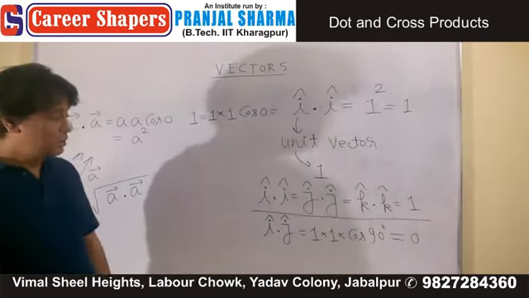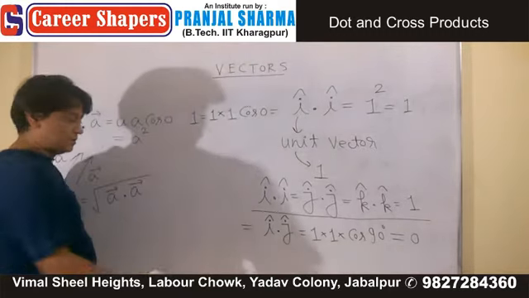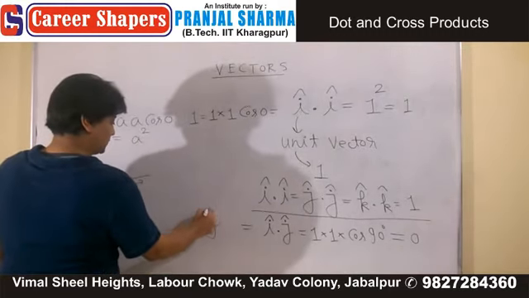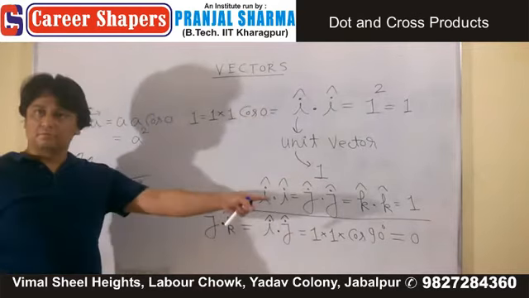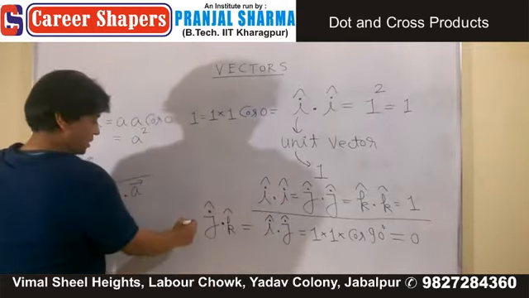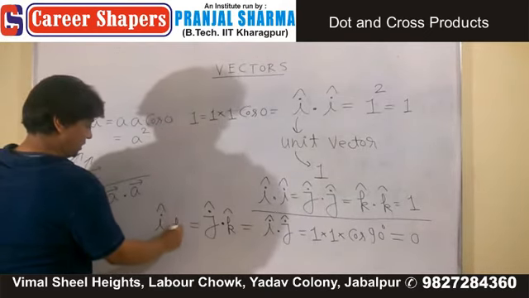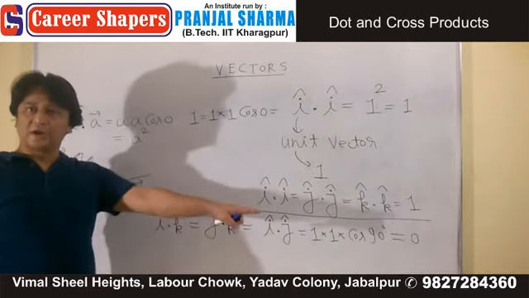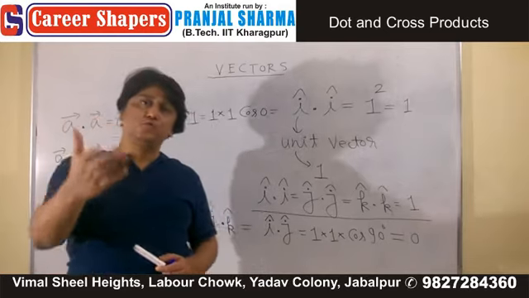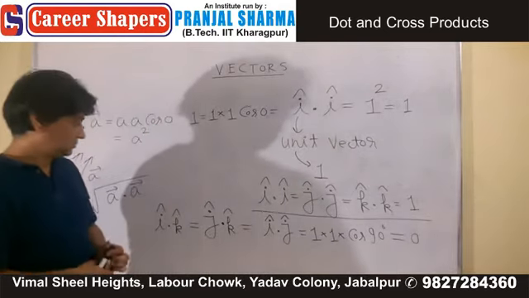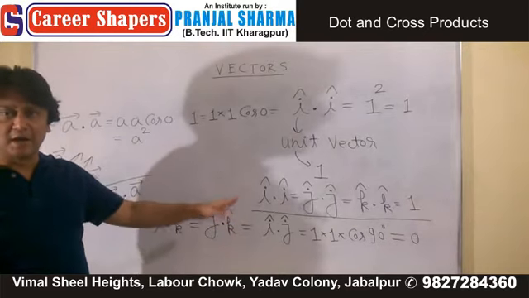Cos 90 is what? 0. Which means if you go for j dot k, that is also 0. If you go for i dot k, that is also 0. In fact, any two vectors, whether they are unit vectors or not, it doesn't matter.